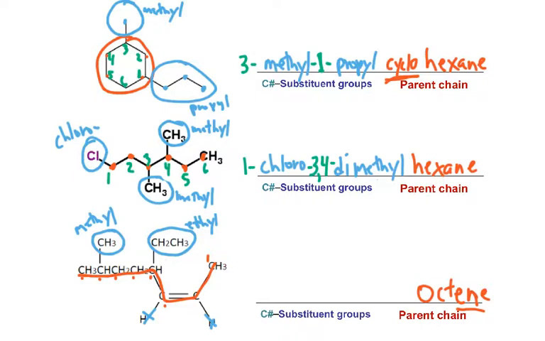Technically, though, we have an octene. That means there's a double bond in here somewhere, but we need to be able to say where that double bond is, between which of those 8 carbons it is. So this double bond is also going to need an address. So I'm going to circle it as if it's a substituent because we need to figure out how we're going to start numbering this chain.